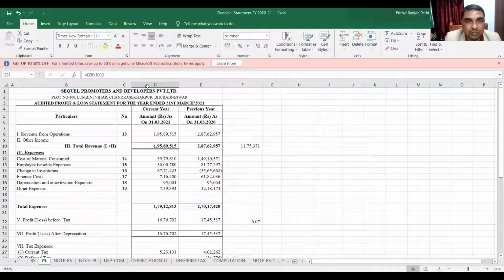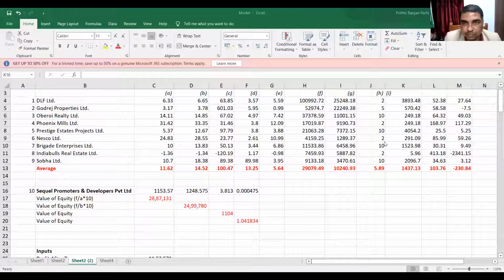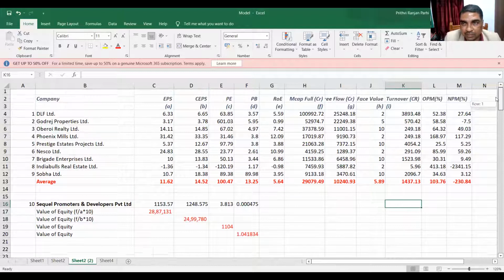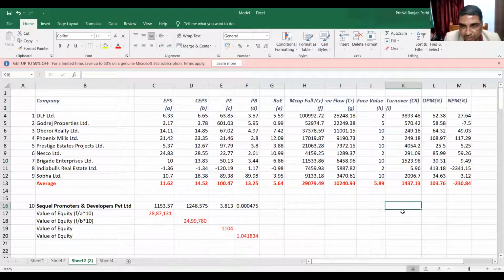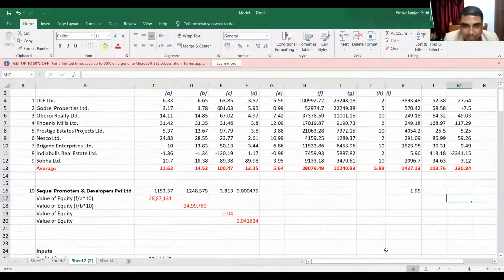So on that basis, if you do the valuation, here you see the valuation. I have to write the turnover. Turnover, this is to be in crores. So in crores, it comes to only 1.95. 1.95 crore.